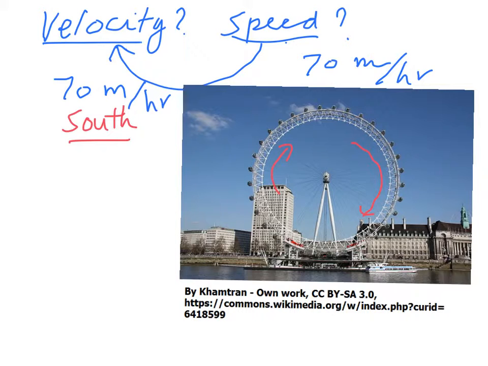So every moment during that journey, the time spent on the wheel, the velocity keeps on changing, but the speed is constant. So that's really important to understand, and there is a difference between speed and velocity.